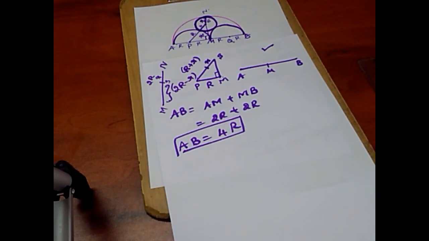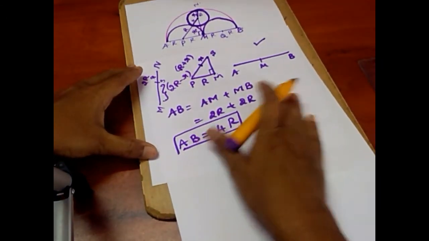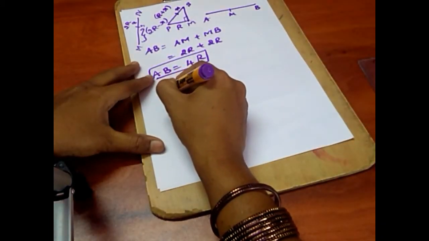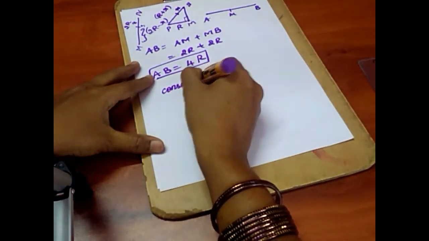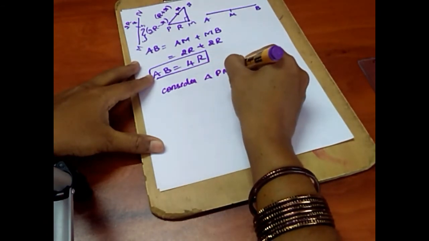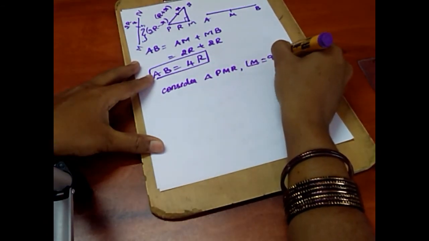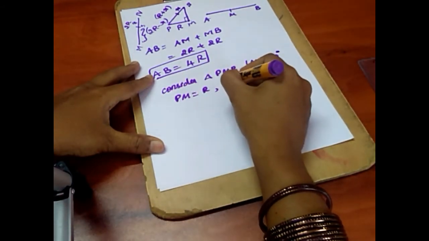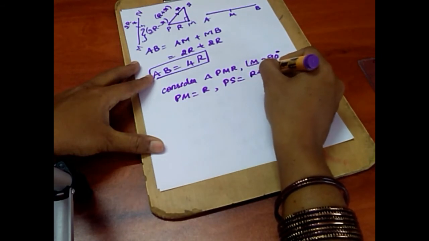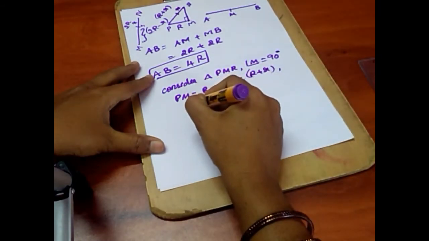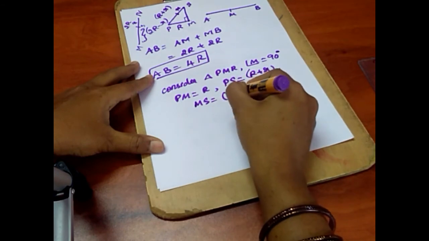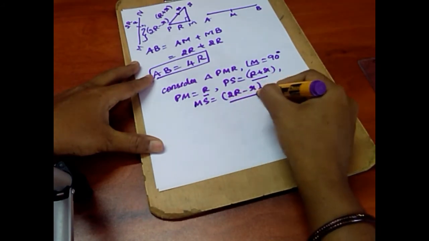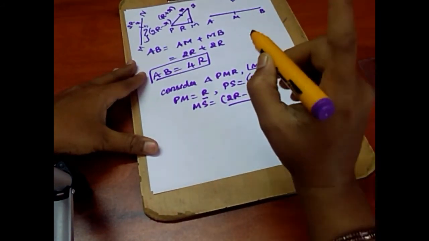Now why are we going to consider this? Because we are going to consider a right angle triangle. Consider triangle PMS where angle M is 90 degrees. Measure of PM is equal to R, PS is equal to R plus r, and MS is equal to 2R minus r. This is easy to identify if you have understood the diagram.